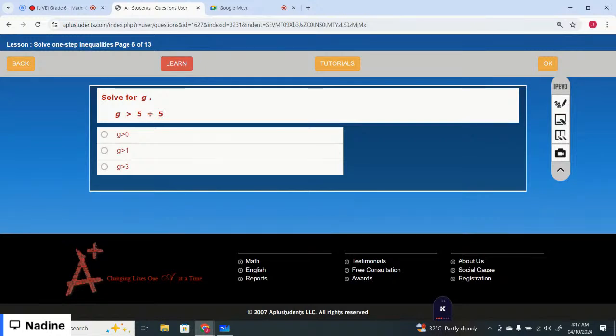Solve for G. G is greater than 5 divided by 5. So which is the correct option?